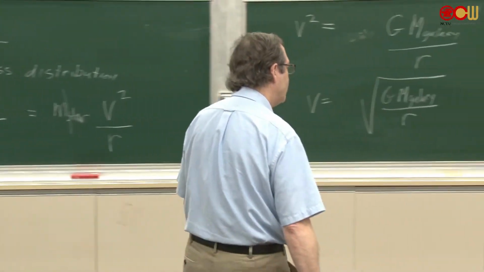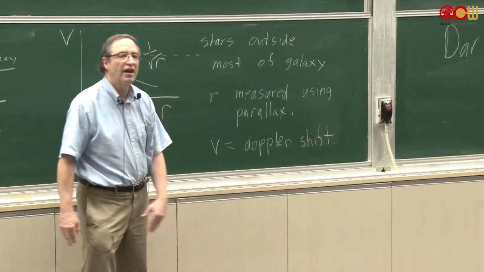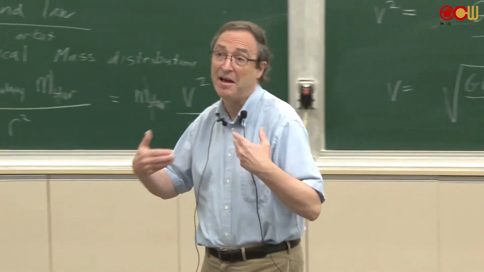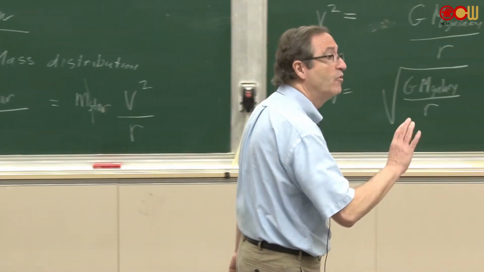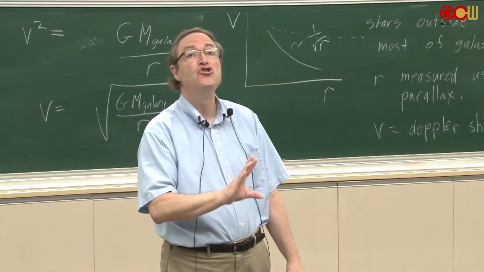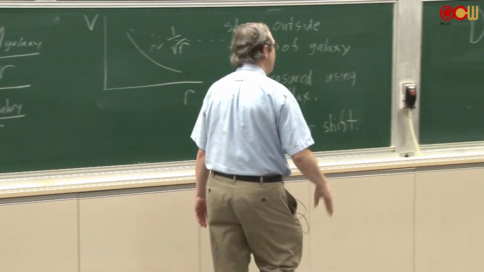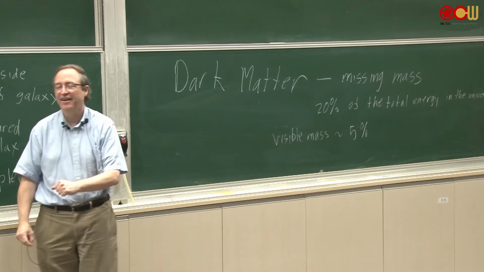And of course, doing these measurements, measuring the distance r and the velocity v, we know how to do it. We're very good at it. Not me necessarily, but astronomers are very good at it. All right? And there is absolutely no doubt that there's something going on there.